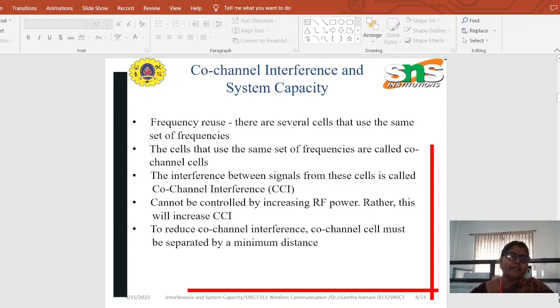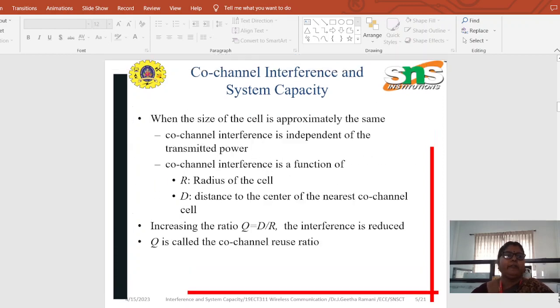And we cannot simply control this co-channel interference by increasing the radio frequency power. Rather, what we are doing will increase the co-channel interference. So if you want to reduce the co-channel interference, these co-channel cells must be separated by a minimum distance. That is the only way to reduce the power level.